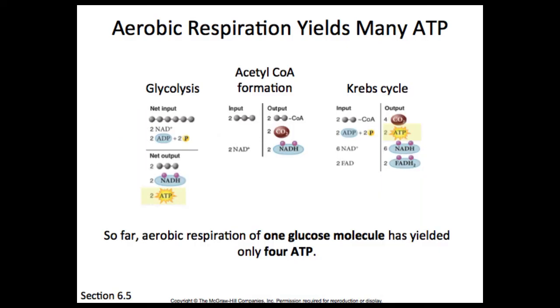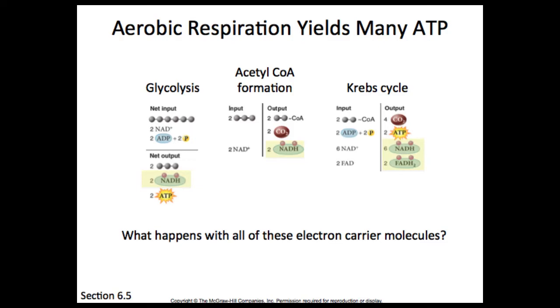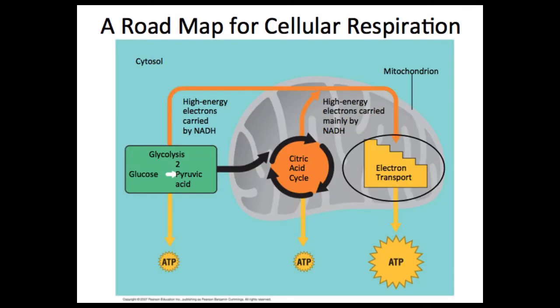So far, aerobic respiration of just 1 single glucose molecule has yielded only 4 little ATP, so that's not very much. But we've made tons of electron carrier molecules. We've loaded tons of electrons into our NADH, for example. We can use these electron carriers in the next stage of our respiration reactions.